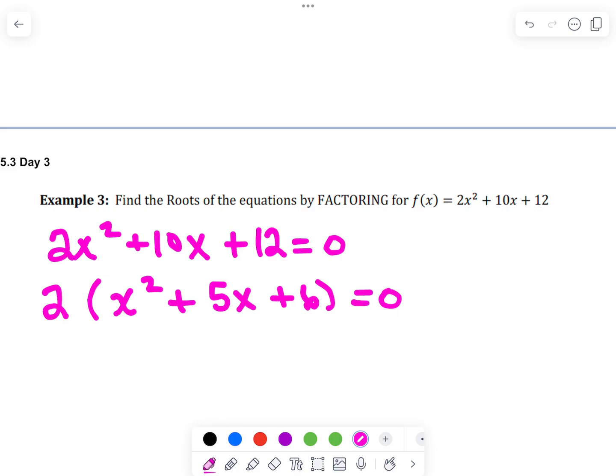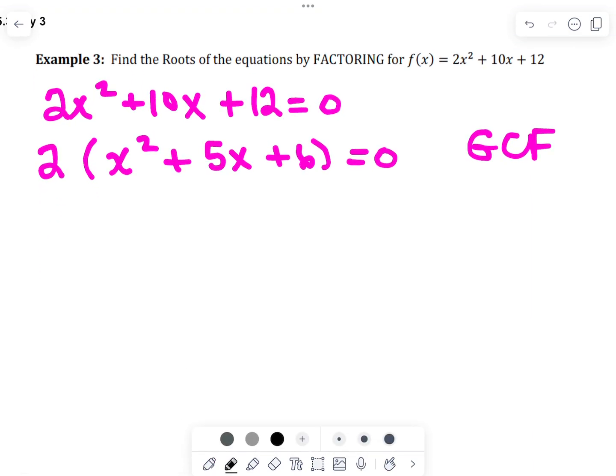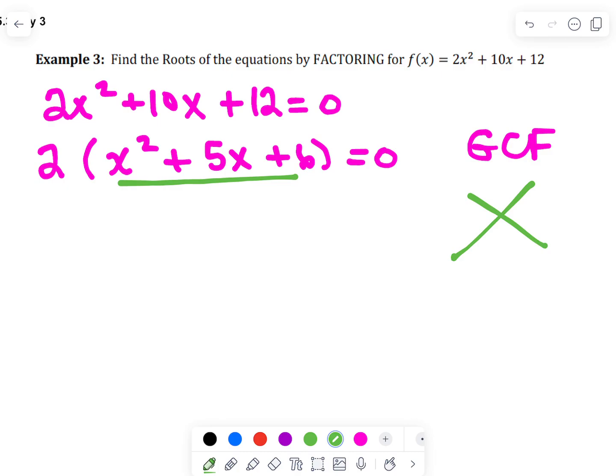So that's factoring by GCF. Then we look inside of the parentheses. We can factor the quadratic x squared plus 5x plus 6 by setting up a chart, and we say what are the factors of AC, so the factors of 6 that add to 5.